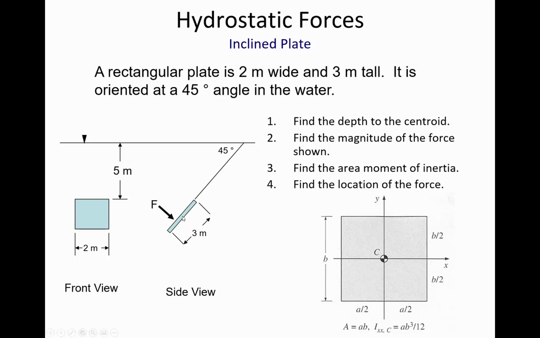The centroid is 1.5 meters from the edge. So if it has a total length of 3 meters, then that means it's 1.5 meters here to the centroid. But that's an inclined distance. We want to know the vertical distance from the top edge down to the centroid, because subpoint 1, find the depth of the centroid, means the vertical distance.